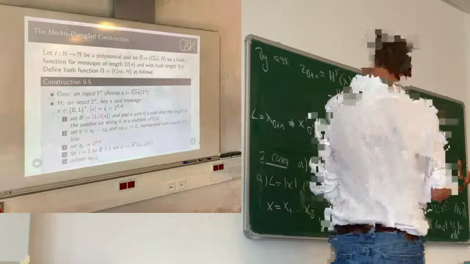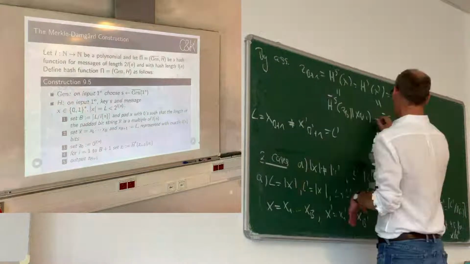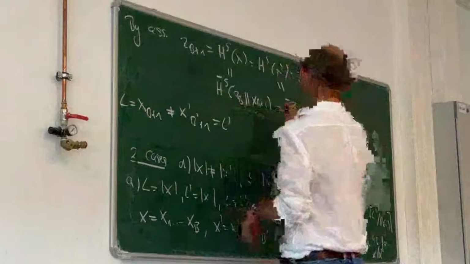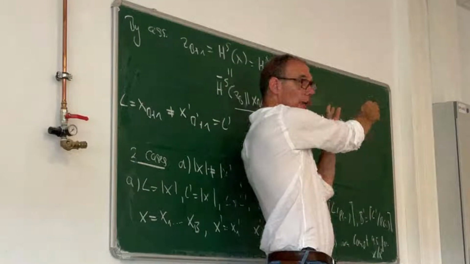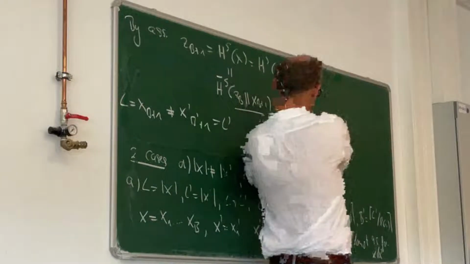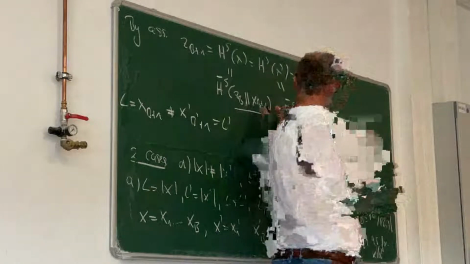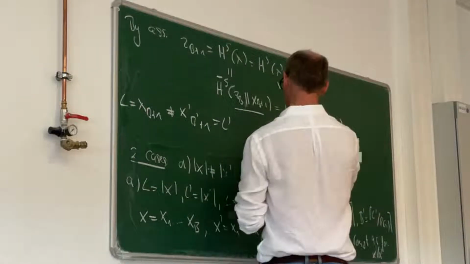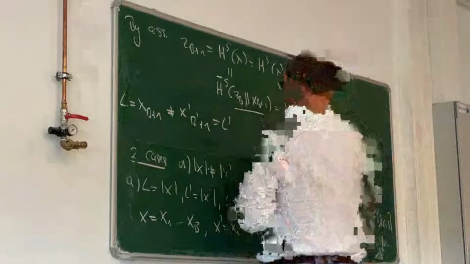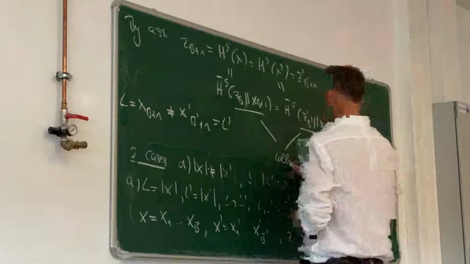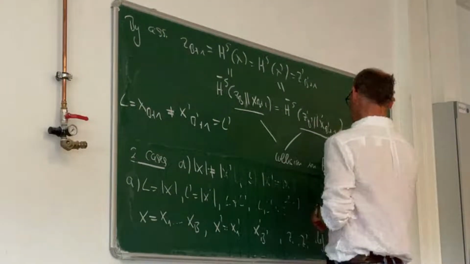But that implies that this and this is a collision. Because the last two blocks already are different. So these two arguments are different because the last blocks are different, but they have the same hash value, so this is a collision. And we are done.